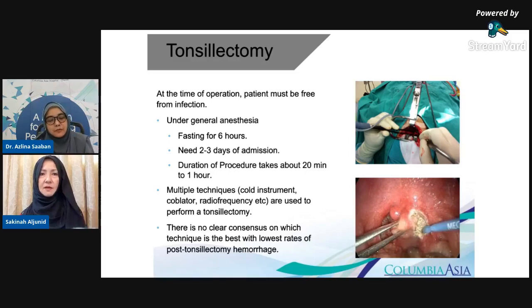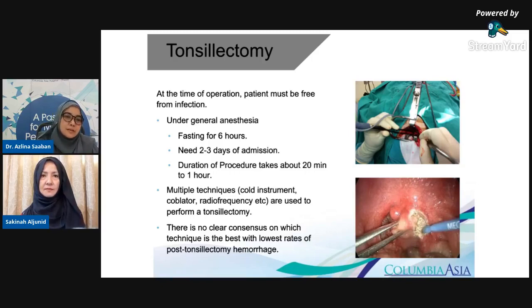So we have to detach the tonsil from the attachment site. Nowadays there are many instruments like ablative radiofrequency, which may shorten the duration.